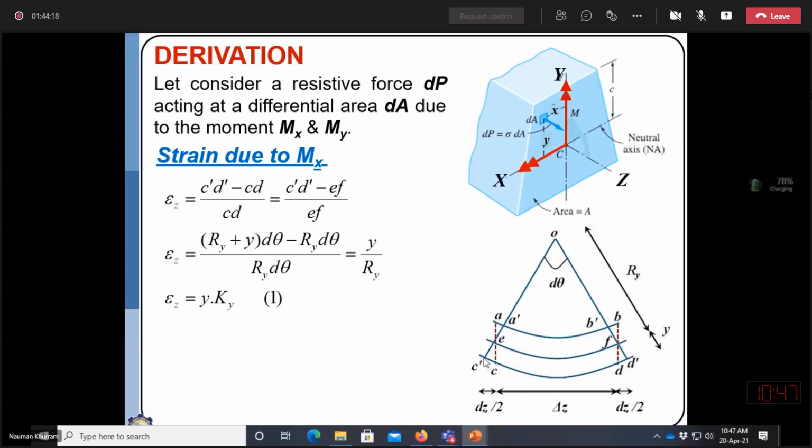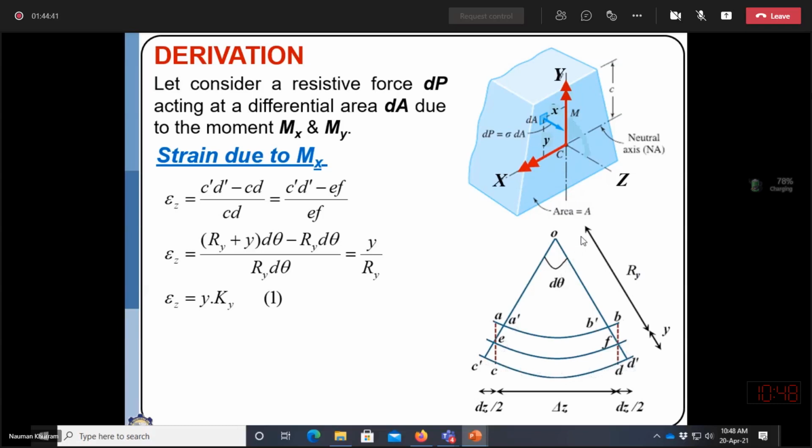And then we can easily determine this distance C prime D prime by using the arc length concept, because we know that the angle at C and D is part of a circle. So this arc CD is part of a circle, and the angle subtended by this arc is d theta.